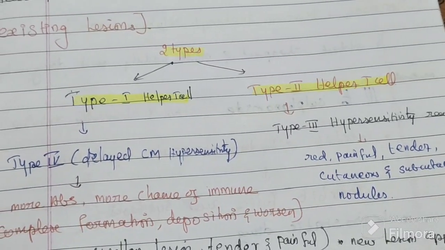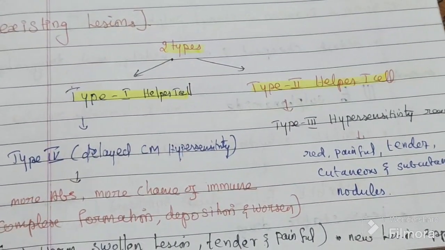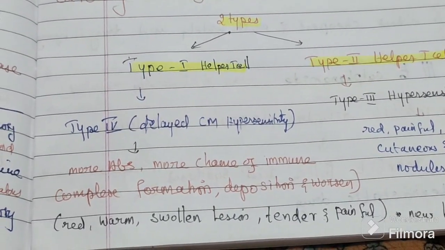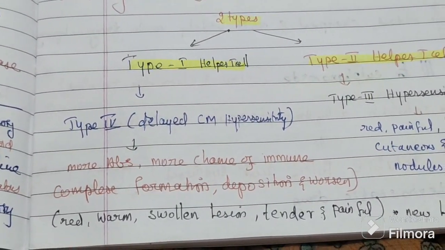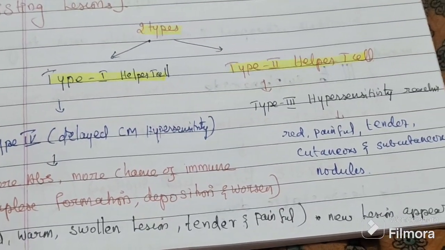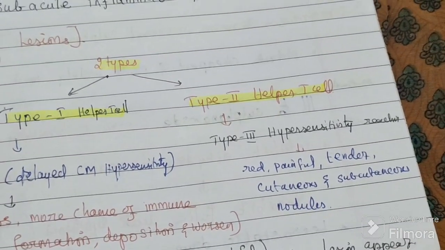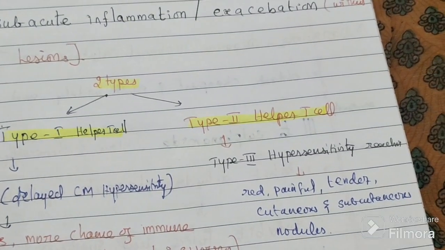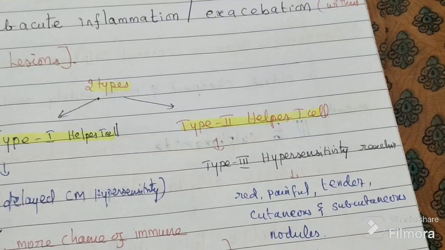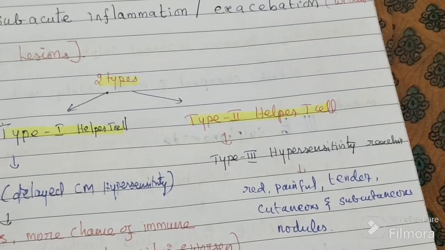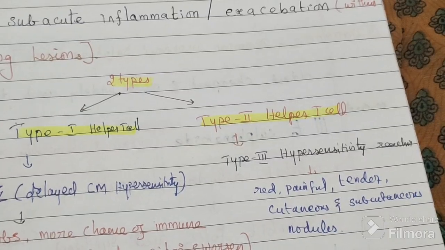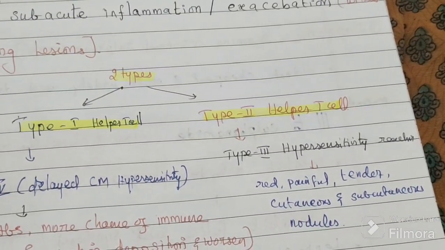Type 1 can manifest as red, warm, swollen lesions that are tender and painful. Also new lesions can appear. Type 2 is similar, with red, painful, tender cutaneous and subcutaneous nodules.